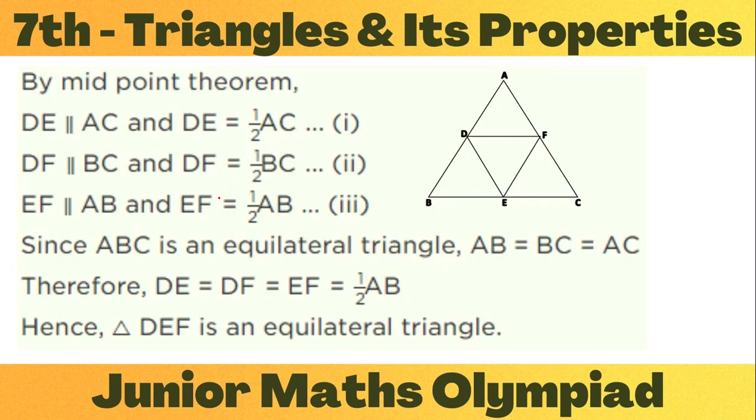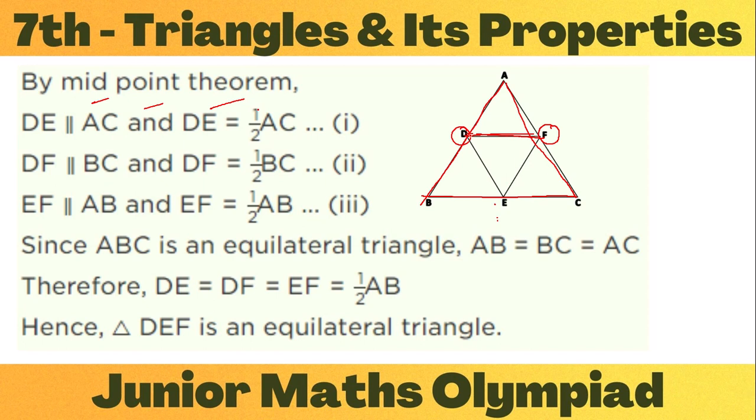So we have a theorem called midpoint theorem. Midpoint theorem means, for AB side D is the midpoint, for AC side F is the midpoint. The line joining the midpoints D and F will be parallel to its opposite side and half of its opposite side.